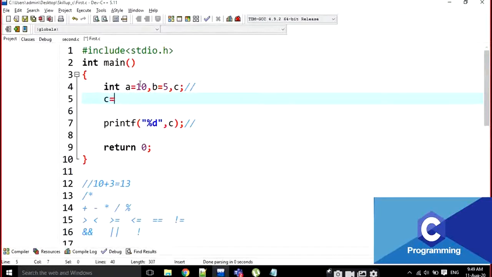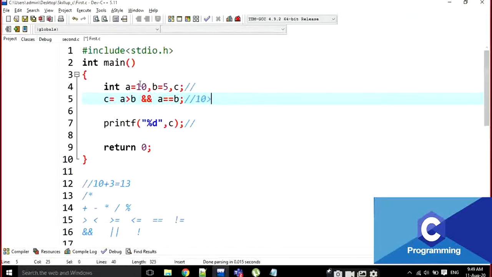For example, C is equal to A is greater than B and A is equal to B. How is it going to be evaluated? First of all, it is going to be checked whether 10 is greater than 5. Just listen, it is very important.